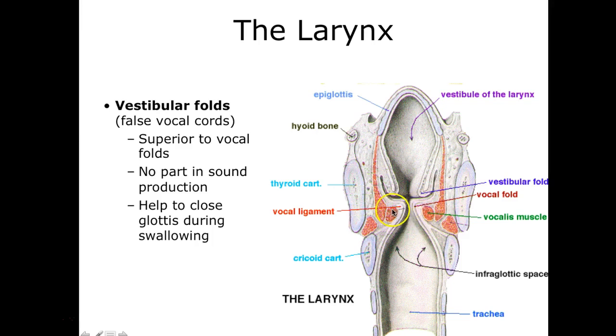And you could see that we have some muscles surrounding the true so that it can help control the way we move those folds in order to change the pitch within our voice and loudness and things like that. So below that area, we also have our infraglottic space.